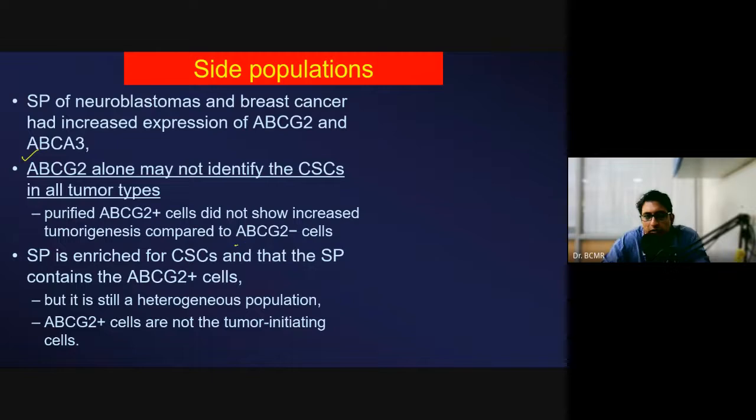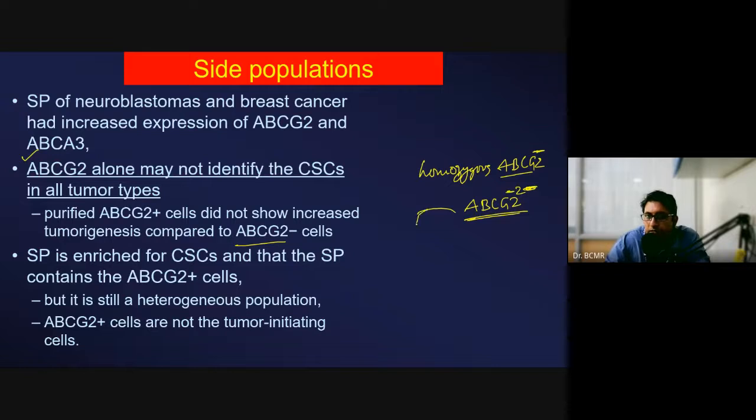What they have also done is delete some genes from the genome of those cells. They made homozygous ABCG2 minus. When I say homozygous, there are two copies of ABCG2, right? And both these are removed, so you can call it ABCG2 minus/minus. That means both the copies are deleted.